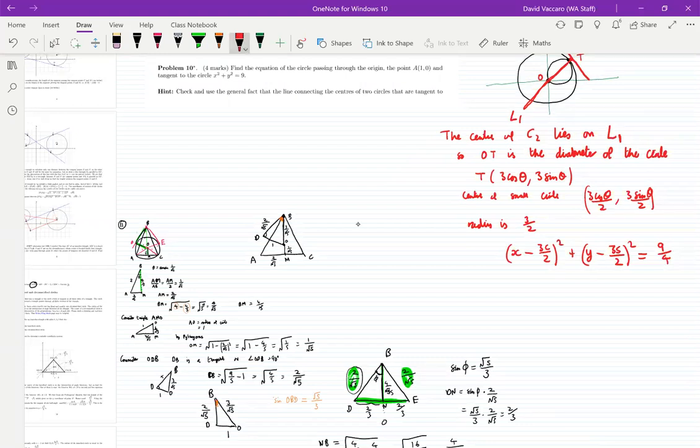Okay, I know it passes through (1, 0). So I get (1 minus 3c over 2) all squared plus (3s over 2) all squared is equal to 9/4. So now I get 1 minus 3c plus 9c squared over 4 plus 9s squared over 4 is equal to 9/4.